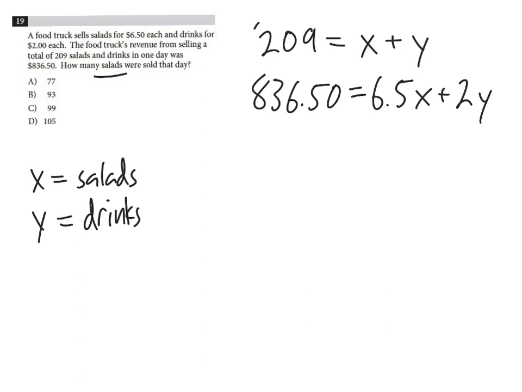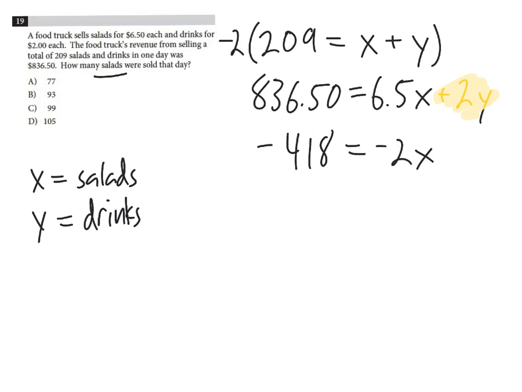Before I add them together, I need to multiply this by -2 so that I get additive inverses with my +2 here. So if I multiply this through by -2, I'm going to get -418 equals -2x minus 2y.